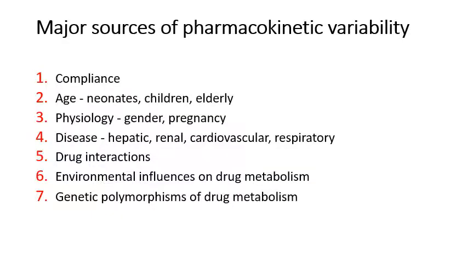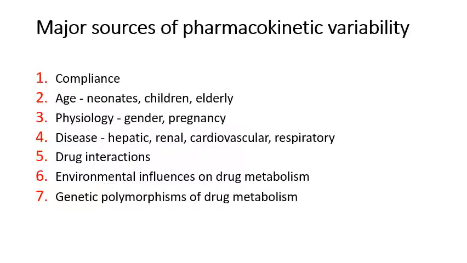Major sources of pharmacokinetic variability could be due to compliance of the patient to the drug regimen, or due to differences in age, like in neonates, children, elderly, also due to physiological differences between patients, like in case of gender differences or the presence of pregnancy status.